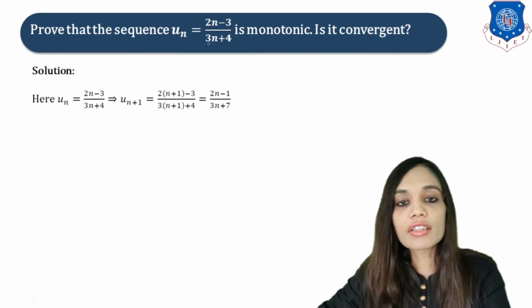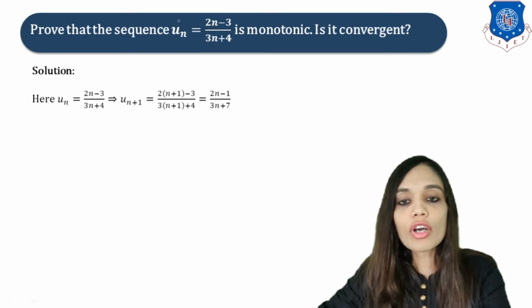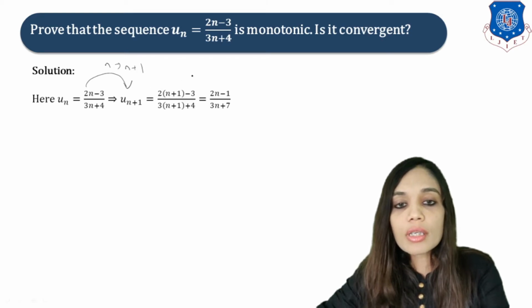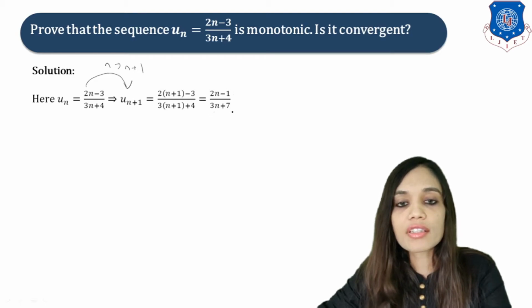Firstly, we will check whether the given sequence is increasing or decreasing. Okay. So let us put our un, that is equal to (2n minus 3) upon (3n plus 4). Again we will find our un plus 1 by replacing n by what? n plus 1. So on simplifying you will get what? un plus 1 as (2n minus 1) upon (3n plus 7).